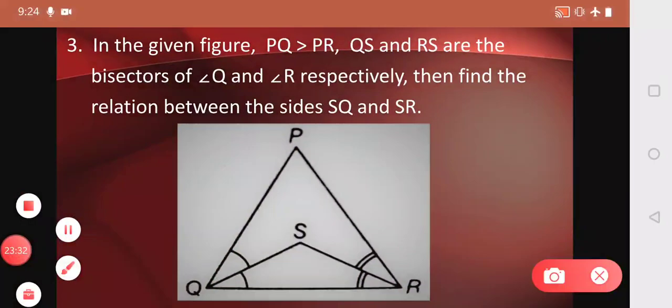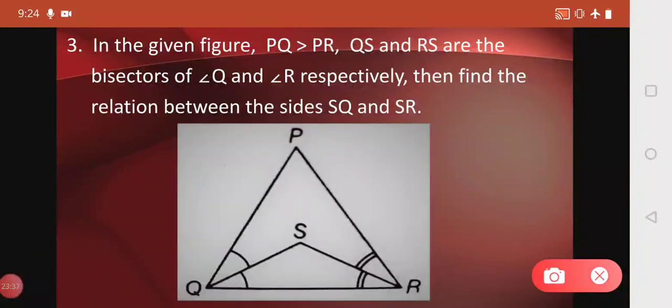Now let's see what is half of angle PRQ. Half of angle PRQ will be angle SRQ, this small angle. Similarly, half of angle PQR will be angle SQR, this small angle. So angle SRQ is greater than angle SQR.